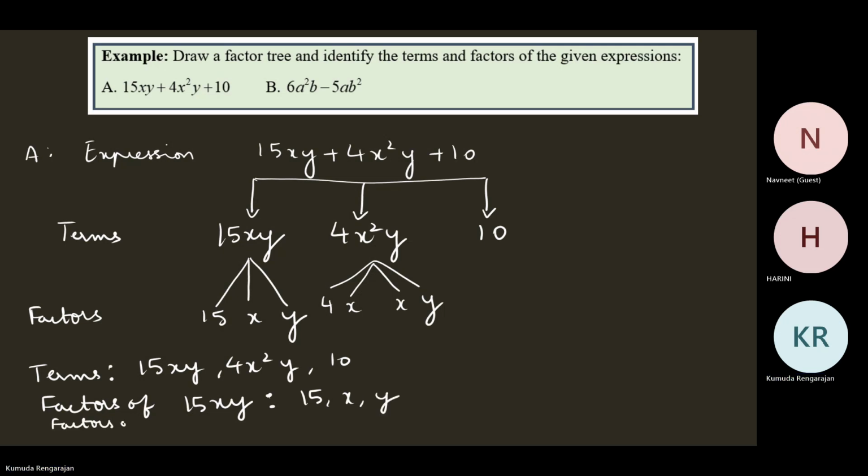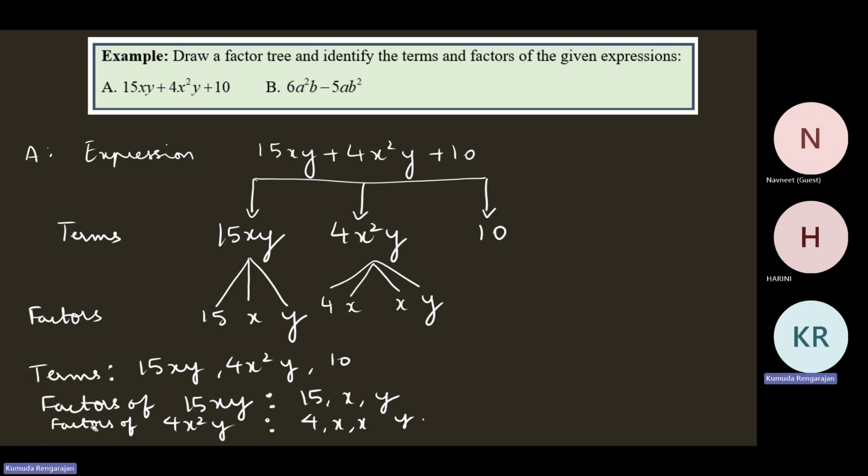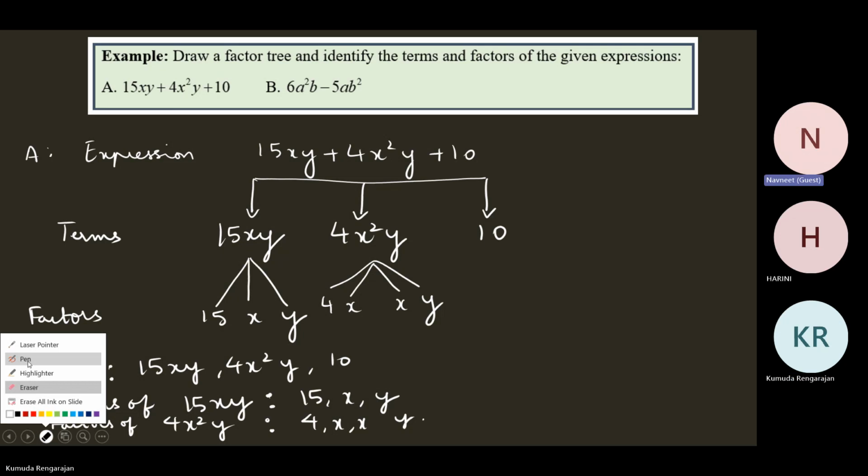Factors of 4x square y: 4, x, x and y. Do we understand how to present the answer? Yes, ma'am.